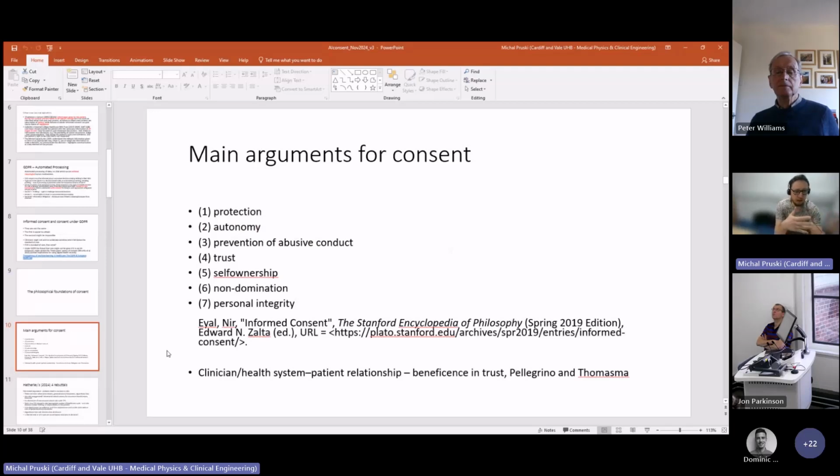So how the clinician or healthcare system relates with a patient, and how patients come in this situation of unequal relationship of power to a clinician or a healthcare organization, and expect trust in those people or those systems to provide them appropriate care. And this theme will come back later in a moment as well.